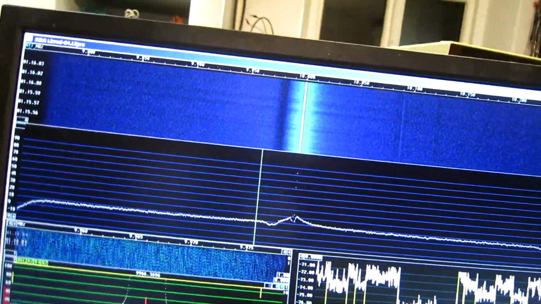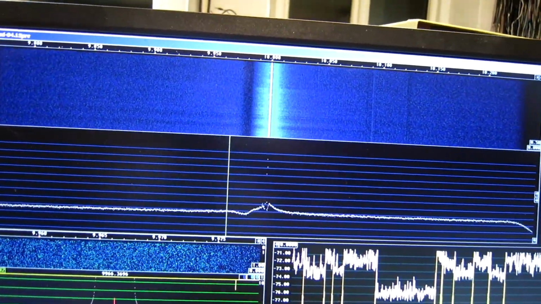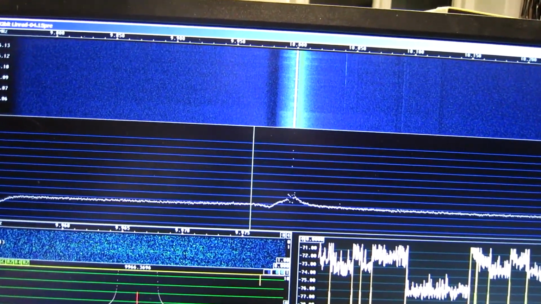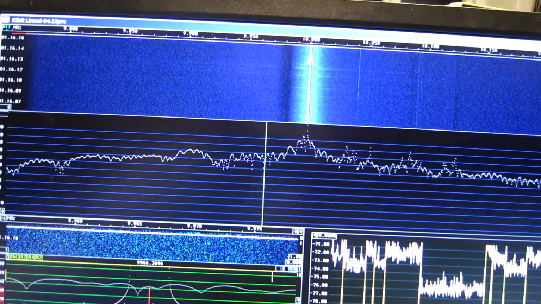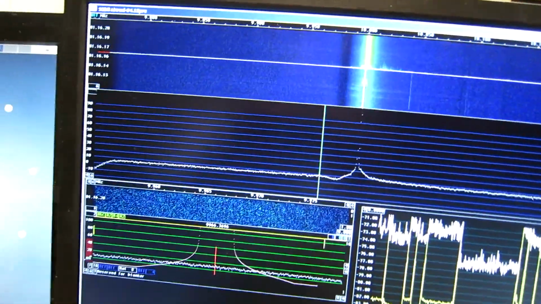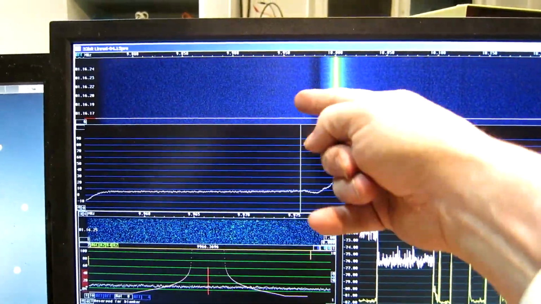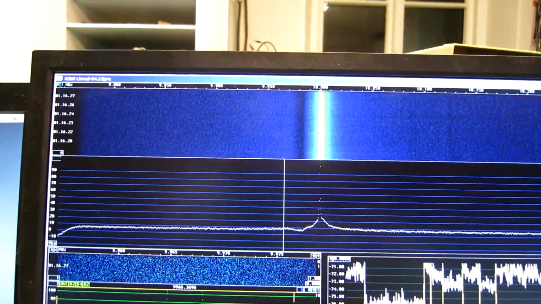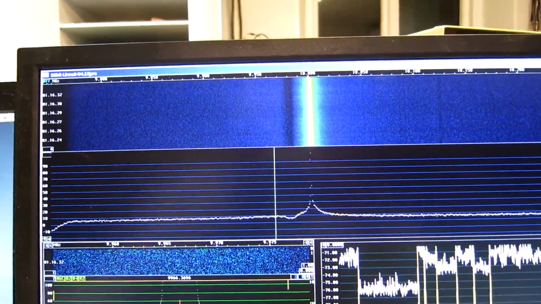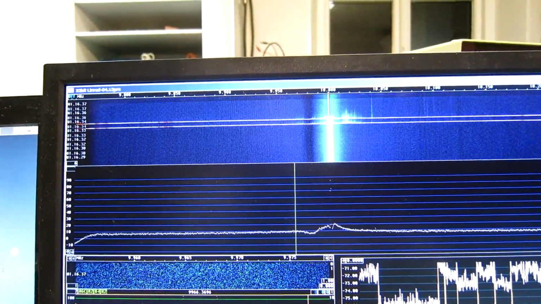I have been using now the 2-section crystal filter in the vacuum tube amplifier, but I can switch for the 1-section filter, like that. And you can see the close range noise is stronger, but the wide range noise is a little bit weaker. That's because the power is a little bit lower. So this is the 2 section.